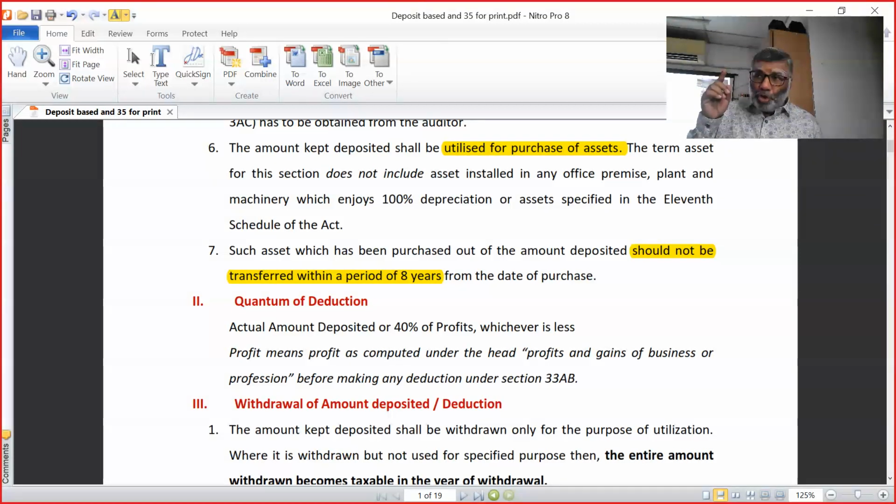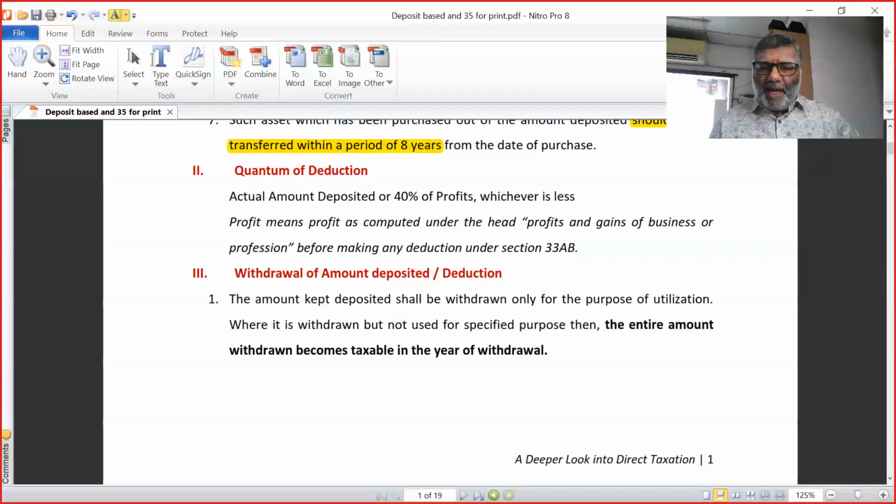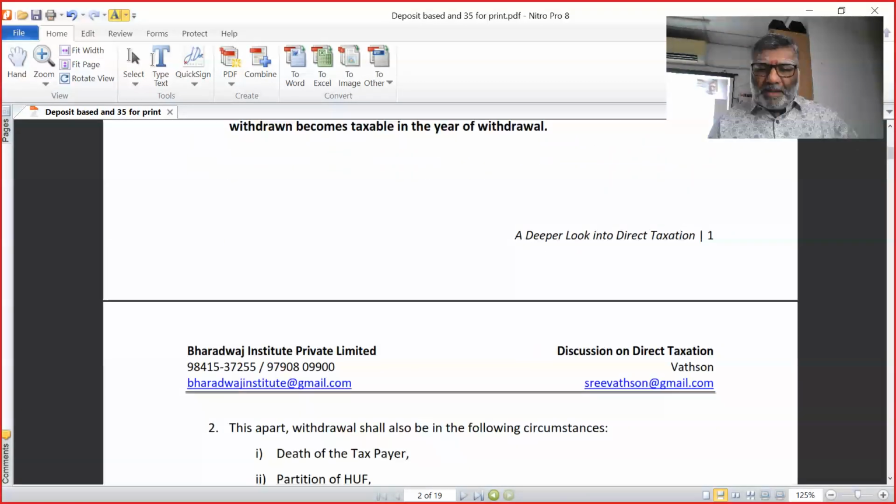If it is due to discontinuance of business or dissolution of a firm, I will tax it. The amount kept deposited shall be withdrawn only for the purpose of utilization. Where it is withdrawn but not used for the specified purpose, the entire amount withdrawn becomes a taxable amount.